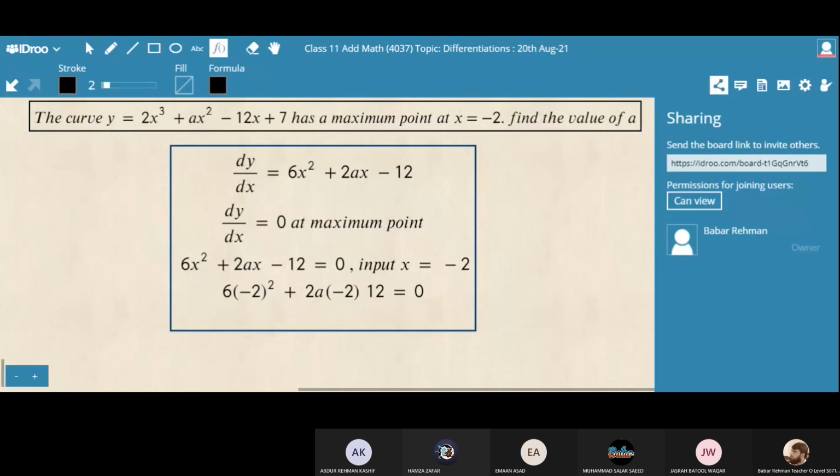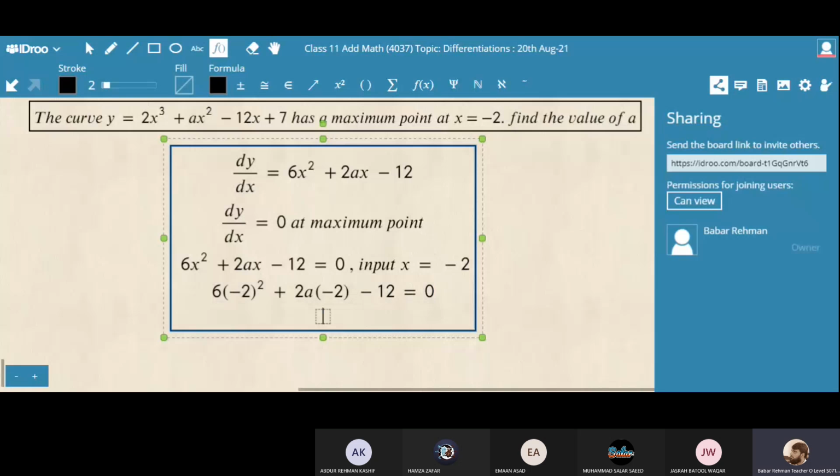Yes. What is the value of a? -6, sir. How -6? Okay, I write over here the minus sign. This is 6, and -2 square means +4.